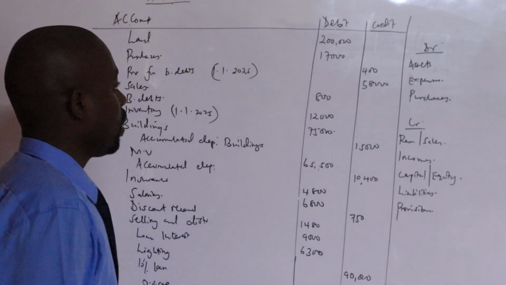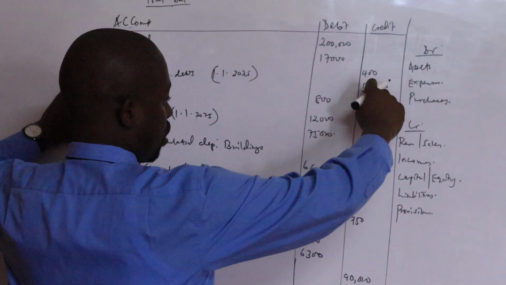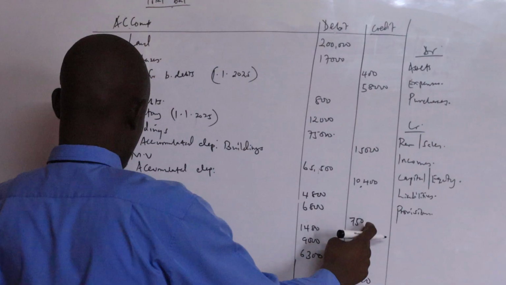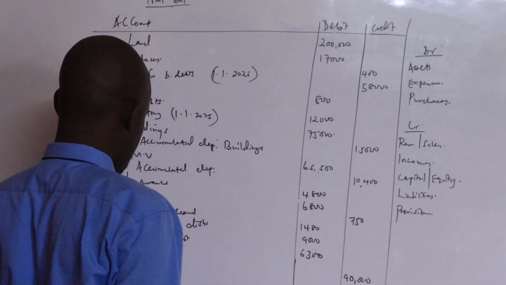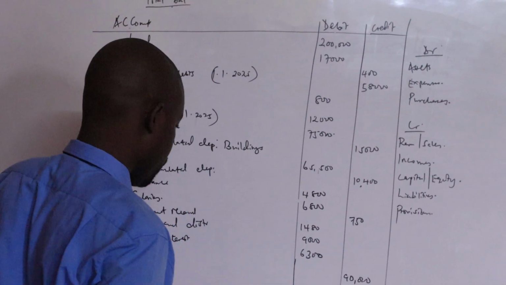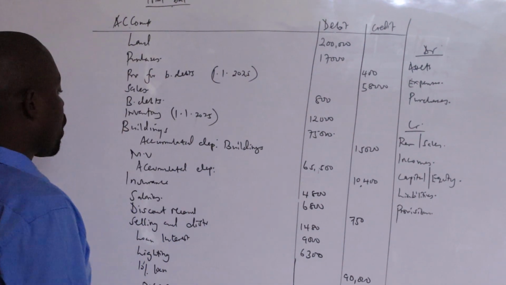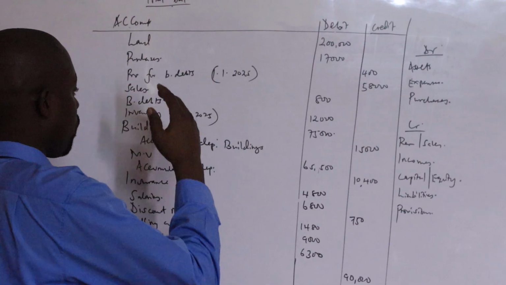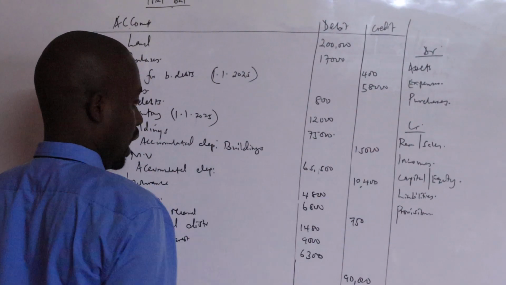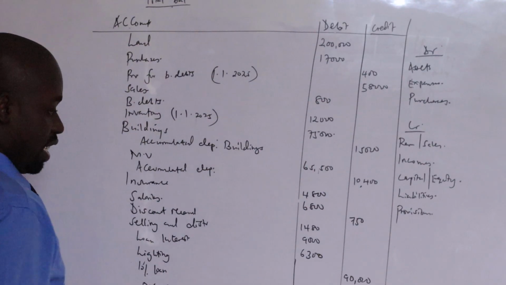Provisions are found there. So like you have sales, credit, income. An example of income is discount received. Liabilities, we have loan, credit. Provisions: accumulated depreciation is also called provision for depreciation. They have credit balances. So get to understand that.